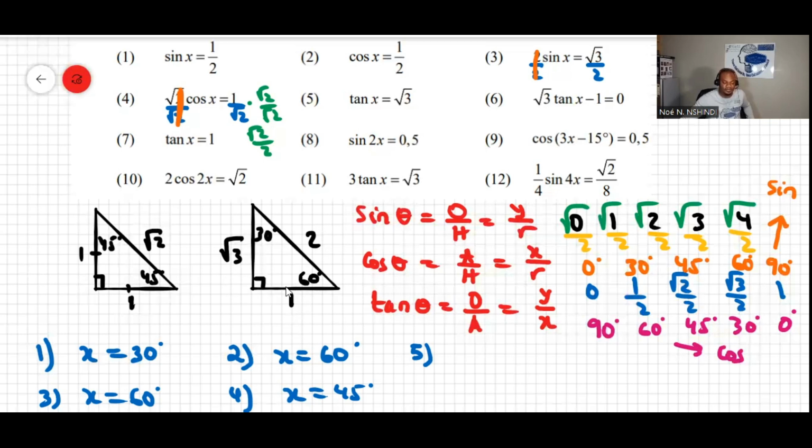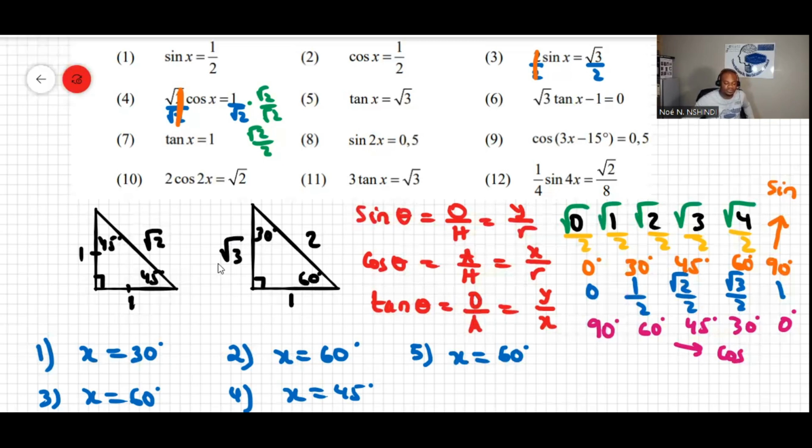So if I look at opposite over adjacent to get root 3, this is the opposite and that is the adjacent. So the angle, if this is opposite, must be 60 degrees. So over here, x must be equal to 60 degrees.